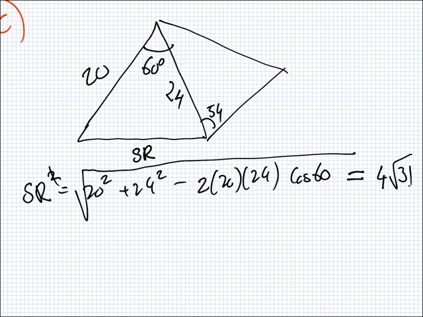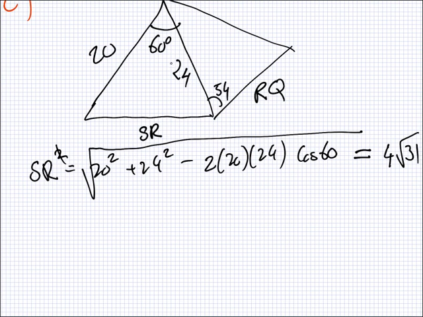The areas of the two triangles are equal. Find PQ. And these areas are equal. So the area on the left is a half, 20, 24, sine 60.